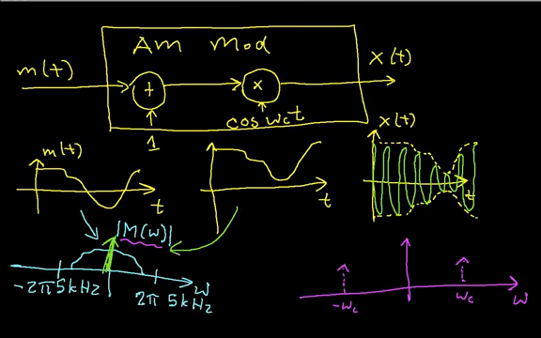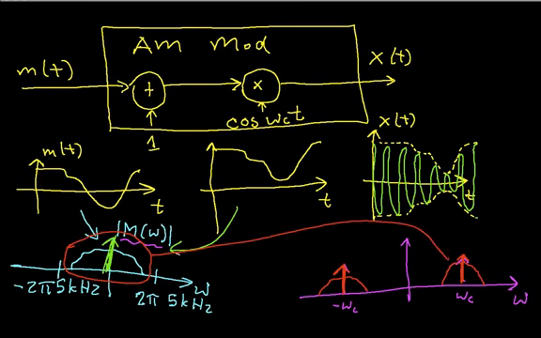But each copy is shifted by omega c, in this case, because I have the delta function out here, or by minus omega c, because I have this delta function out here. So again, what's happened is I've taken 2 copies of the spectrum.